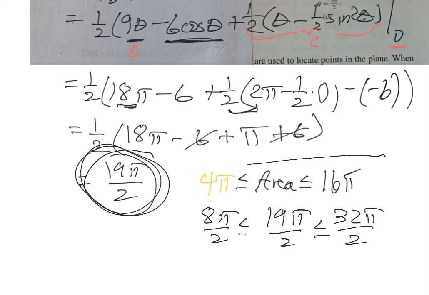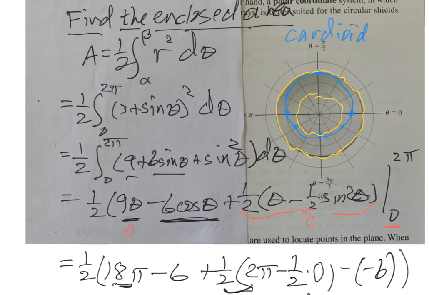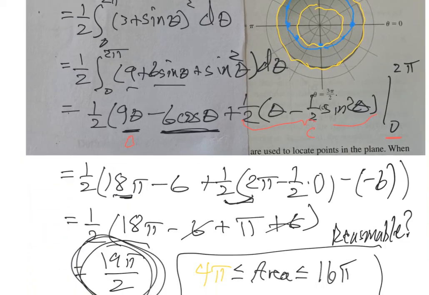Over here, I'm just kind of thinking to myself, is that a reasonable answer? And if I would have gotten an answer bigger than 16 pi or less than 4 pi, then I know it's totally unreasonable. Doesn't guarantee it's right, but at least ensures that it could be a right answer. And hopefully we didn't make any mistake there, and it is exactly the right answer, 19 pi over 2.